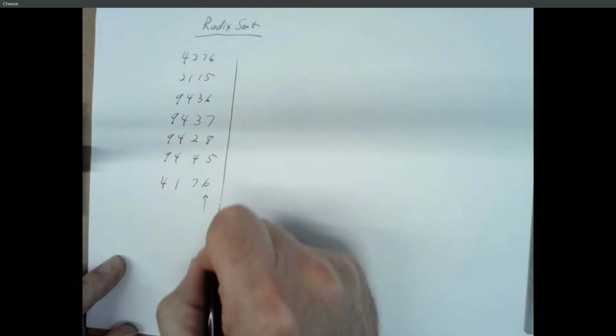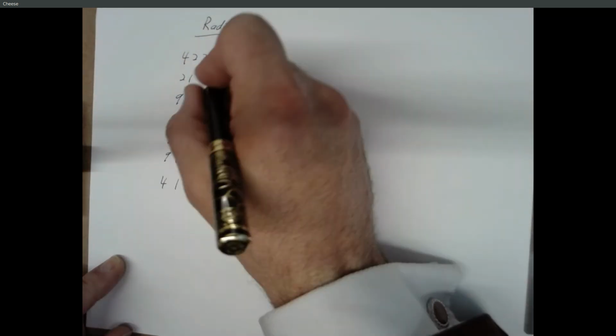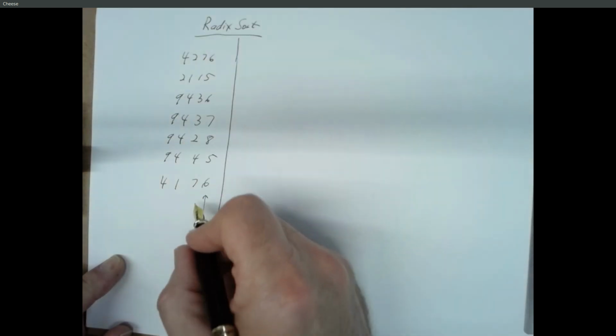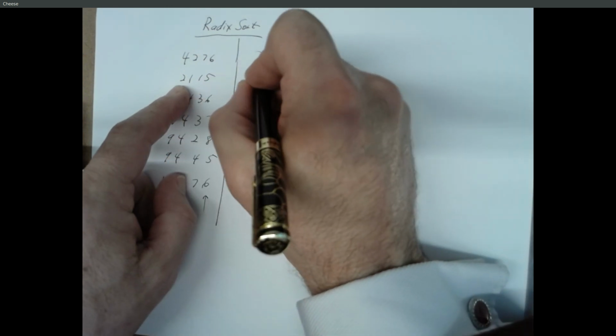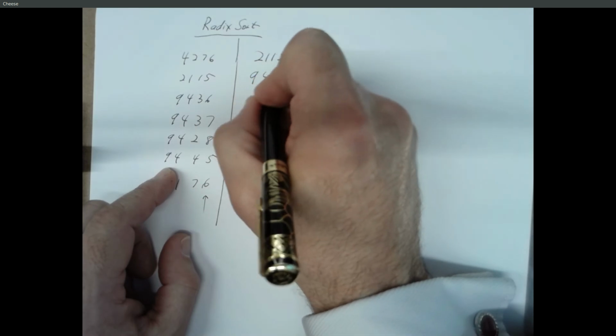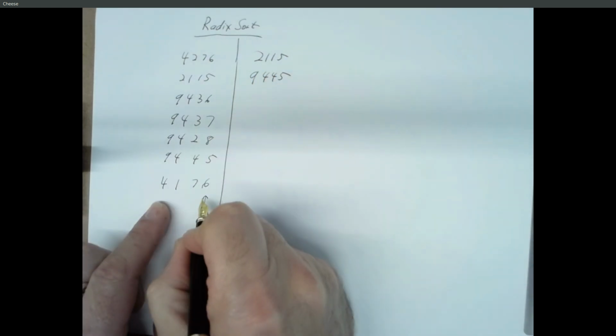Okay, so we go through, there's nothing with a 0. There's nothing with a 1 or a 2 or a 3 or a 4. So we look for the 5s. Here's a 5, so we put that in our output. Here's another 5, so we put that in our output, and we're done. Go through and look for 6s.